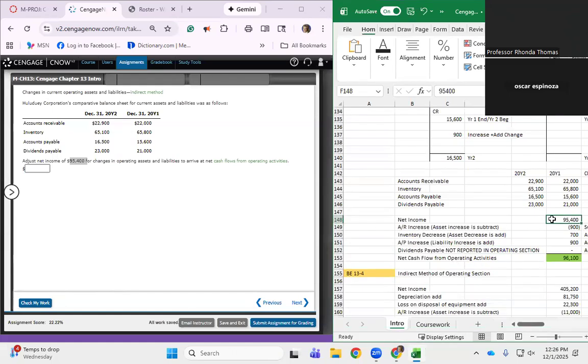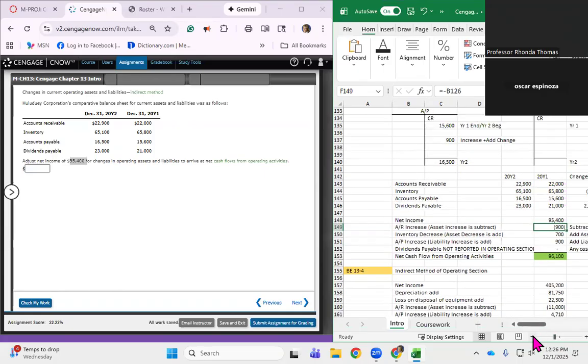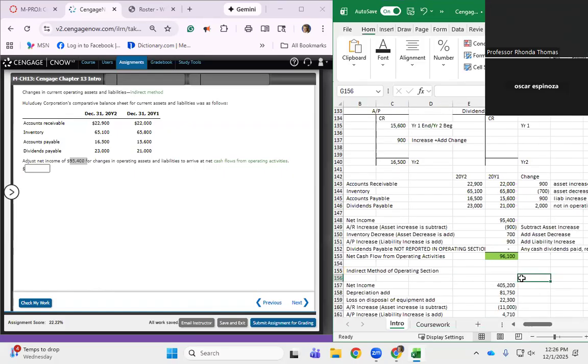So once again, I started with net income of $95,400. We looked at this accounts receivable, which is an asset that went up. So we subtracted the change of that asset. Then we looked at the inventory asset and it decreased.